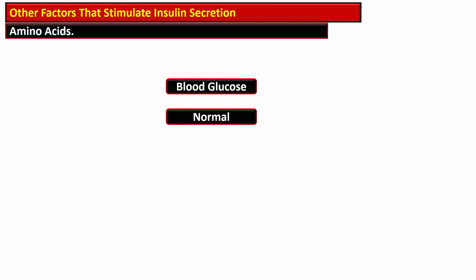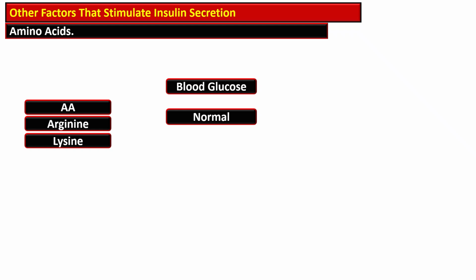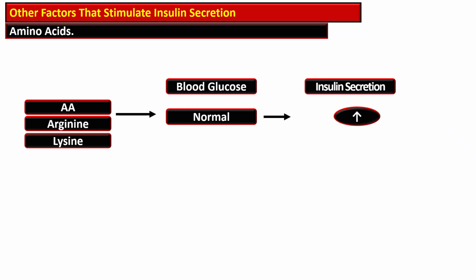So certain amino acids act as insulin stimulators, particularly arginine and lysine. They can stimulate insulin secretion. However, this effect is weaker compared to the glucose.